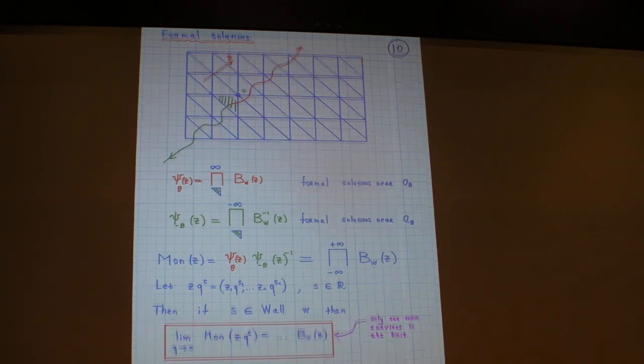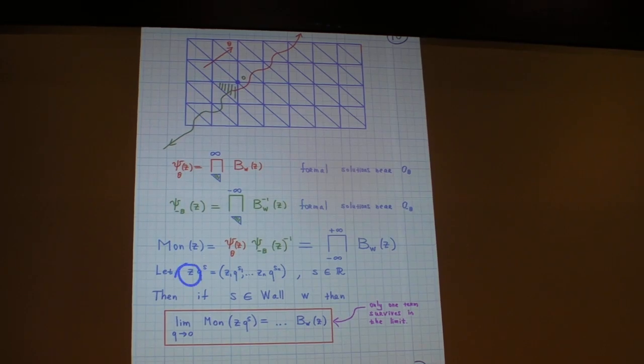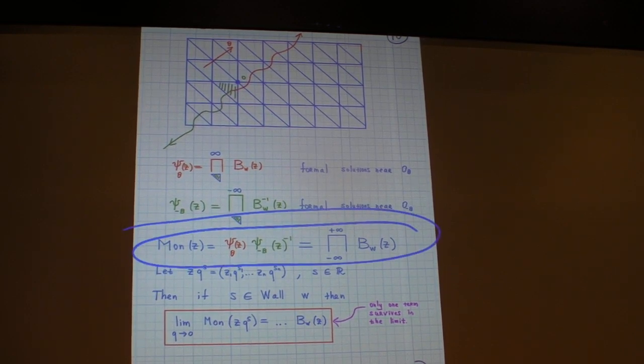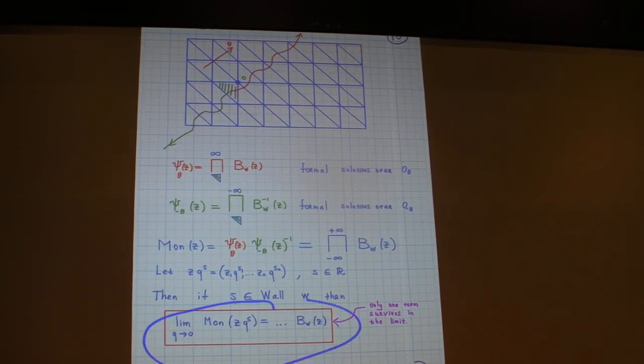So you take your Kähler parameter, you shift it by some power of Q. And if you choose the parameter S in this shift to be somewhere in the wall, you can prove that all the factors in this infinite product except a single one, corresponding to exactly that wall, would survive. So from this formal expression you can prove something like this.